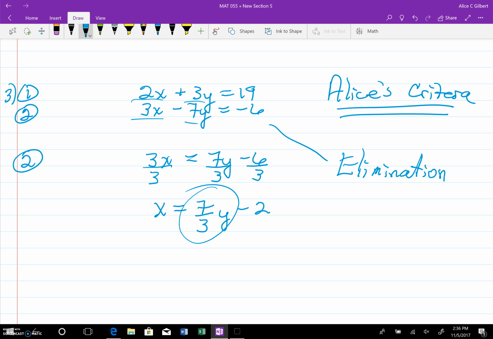Not that we can't use substitution, and some teachers may make you do it, but again, why, when we have another method that's easier, do we do something that's super hard when we don't really have to? So there, guys, is systems of equations looking for the one point where the two lines cross. Have fun.